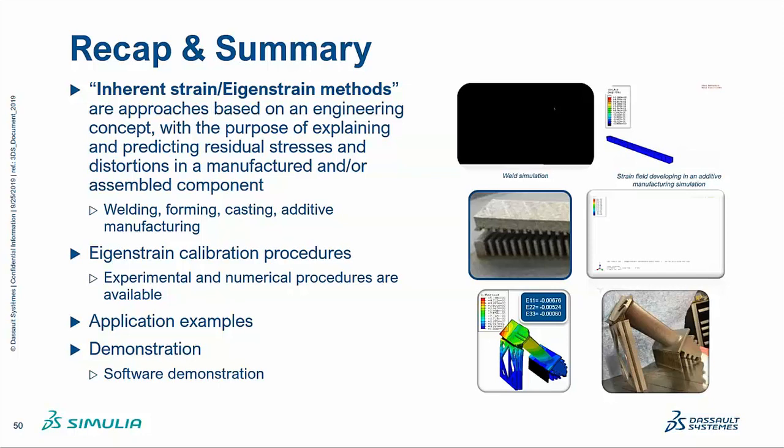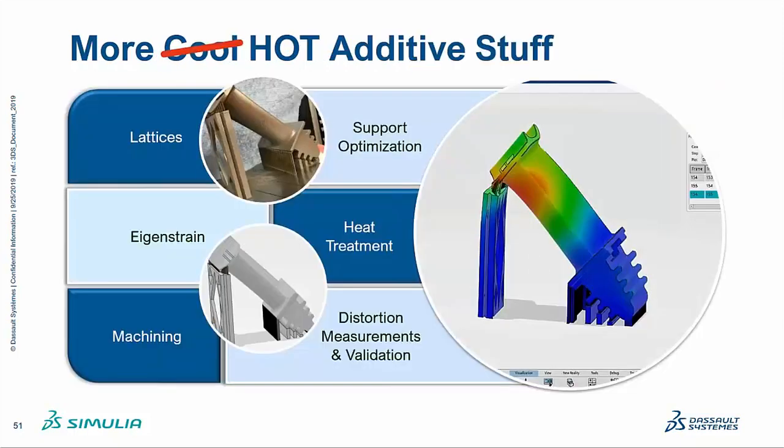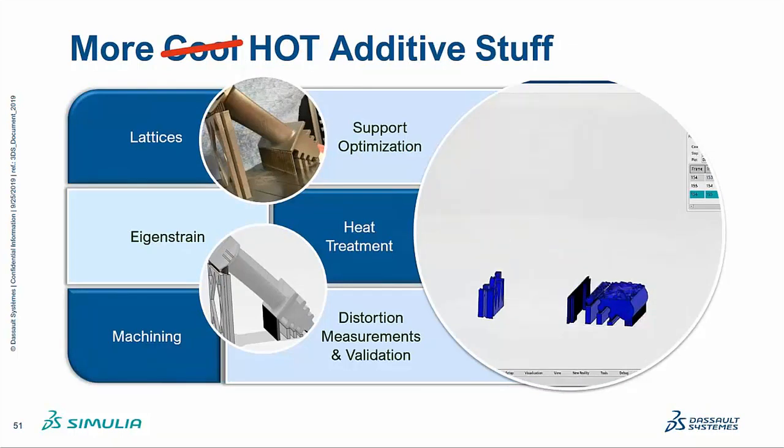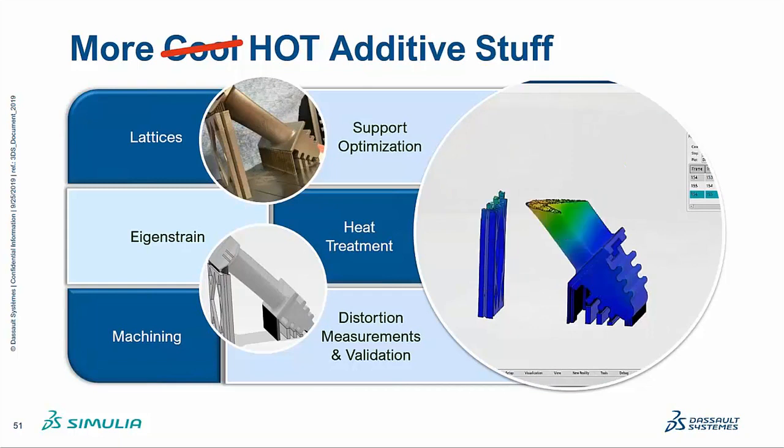And finally, we had a quick look at some software demonstration, the way that the eigenstrain method for additive manufacturing is currently implemented in our 3D experience platform simulation at this point. Now, I'm clicking to the next slide and handing back to Anders for some closing words on this section. Thank you very much, Stephen.